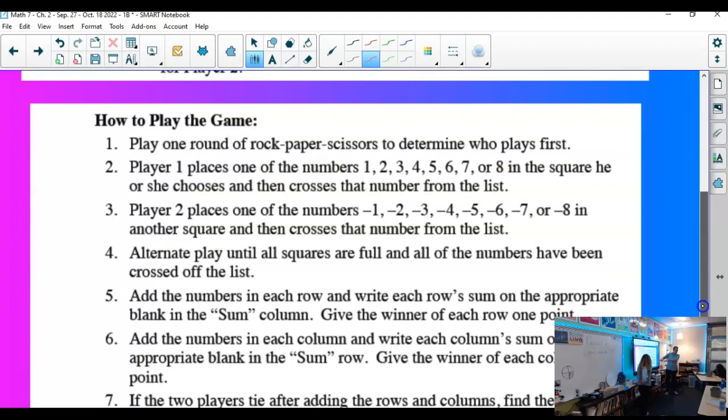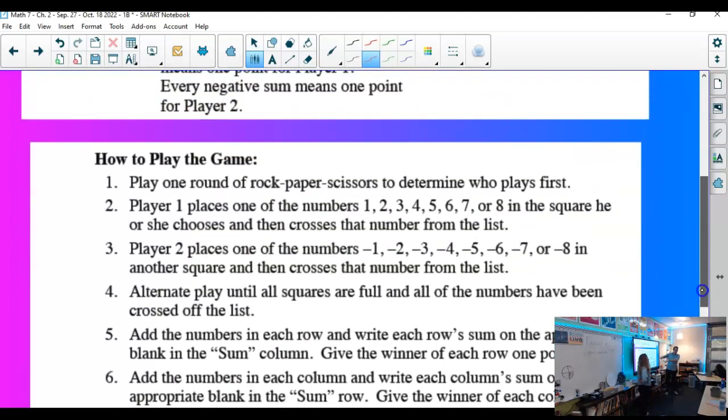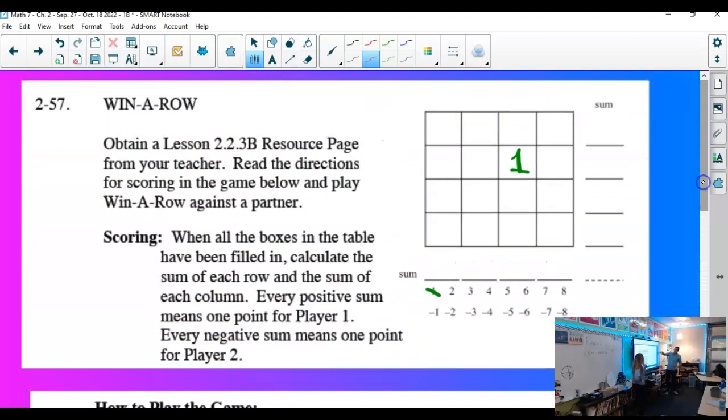At the end, you total up across every row and down every column. If you end up with a negative number, that is a point for player 2. If you end up with a positive number, that is a point for player 1. Does that make sense?